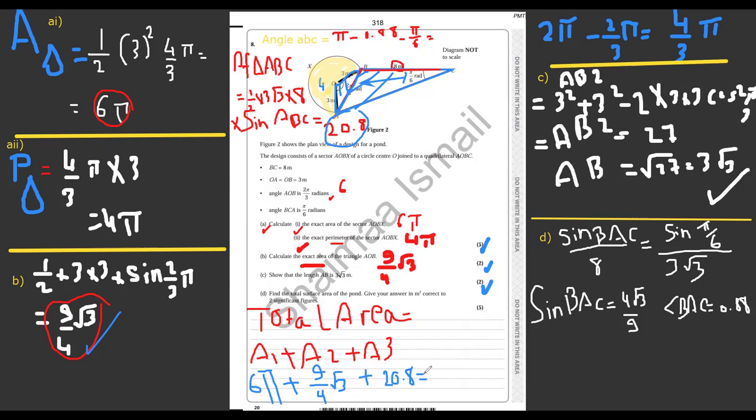That gives us the total in meters squared. Make sure that you solve all the questions. Very big questions, but very easy. On to the next.